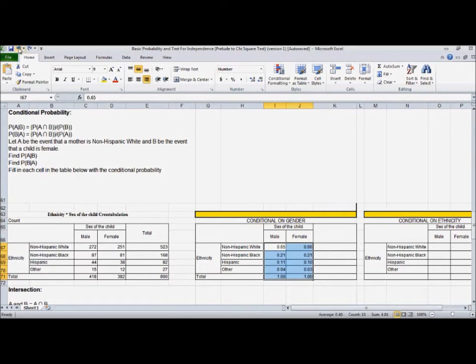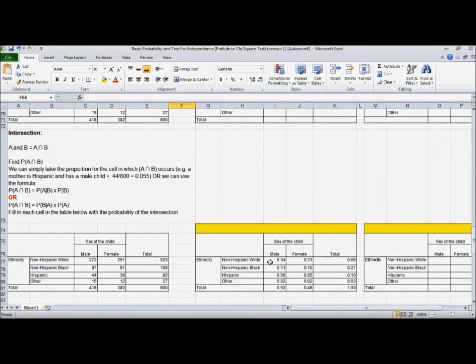Now if you want to rewind to see these values, let's see that we get those exact same values. And let's confirm that we don't need to use counts, we can use the table of probabilities.